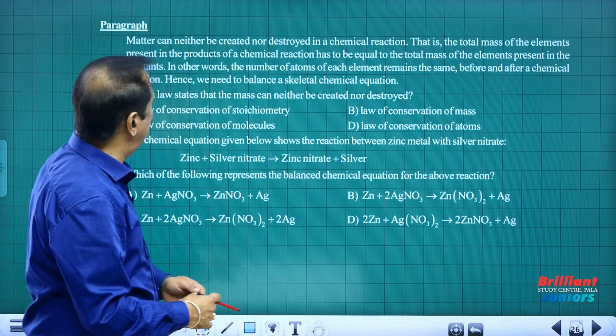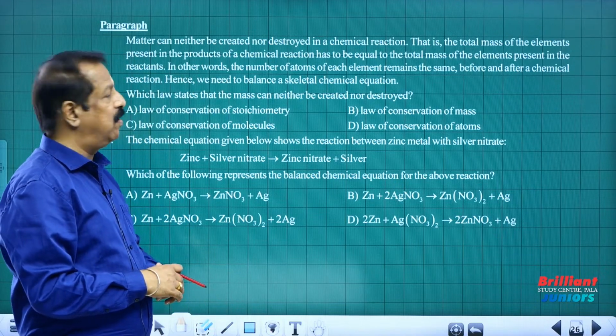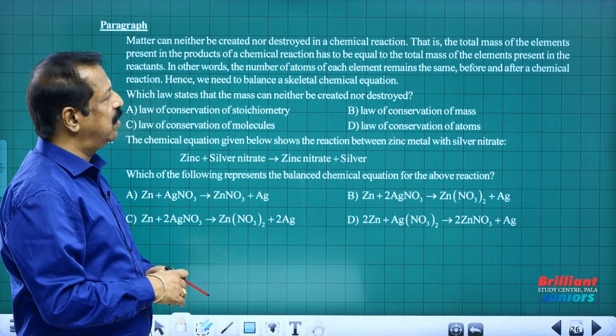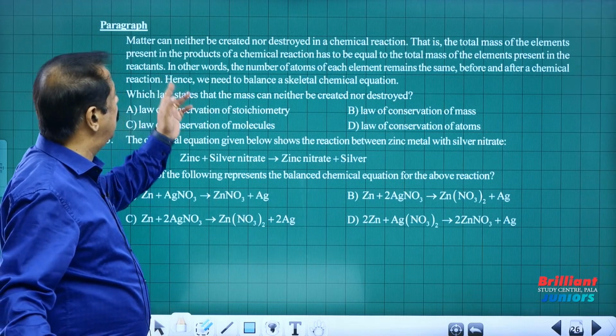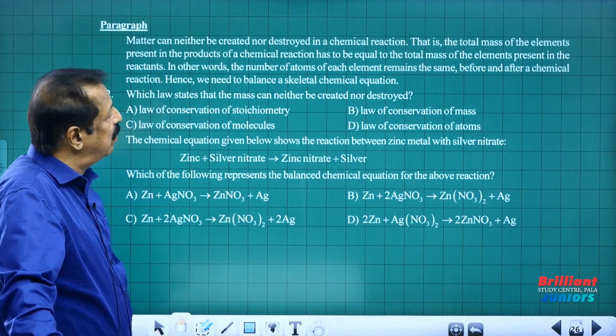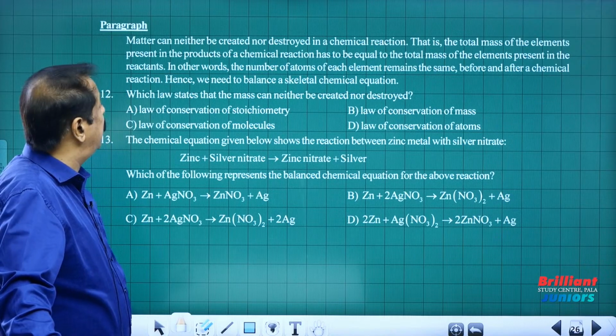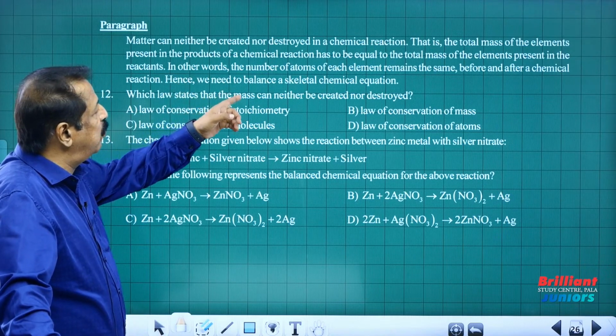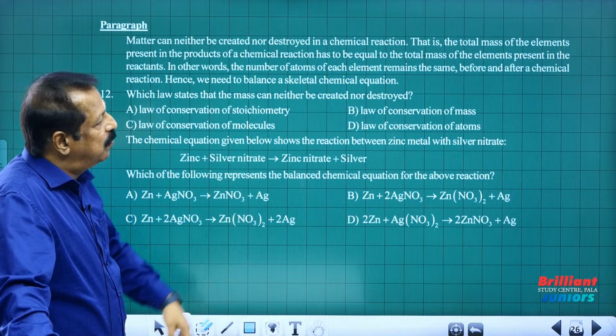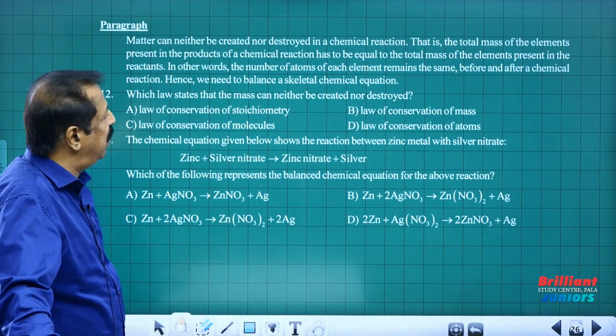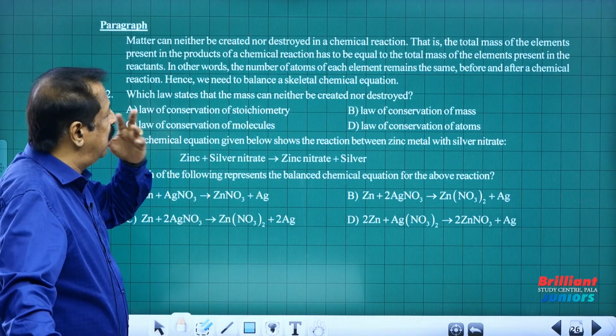And the next one: matter can neither be created nor be destroyed in a chemical reaction. The total mass of elements present in the reactants and the products is the same. In other words, the number of atoms of each element remains the same before and after the chemical reaction. Hence we need to balance a skeletal chemical equation.